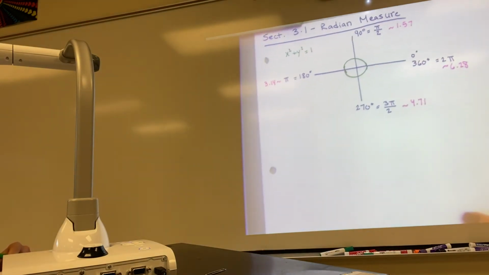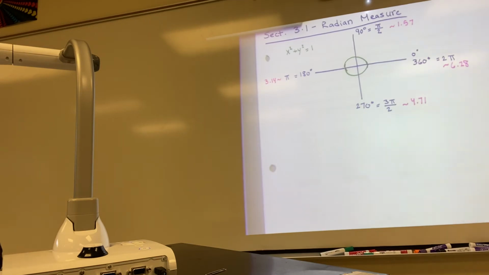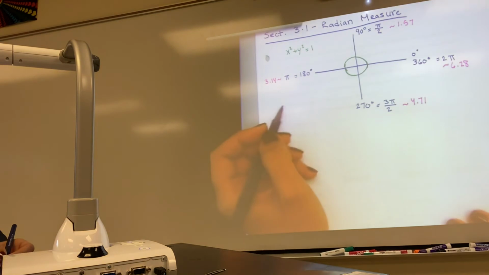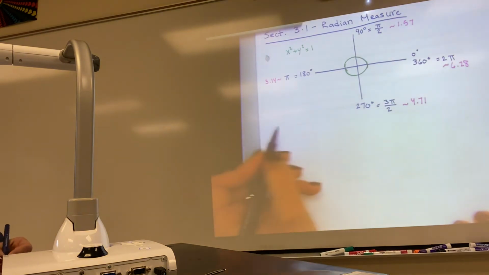Okay, so let's look at some examples when we start converting from degrees to radians.